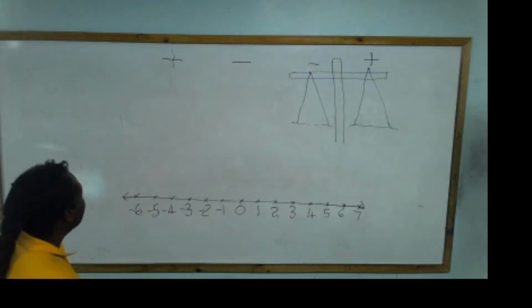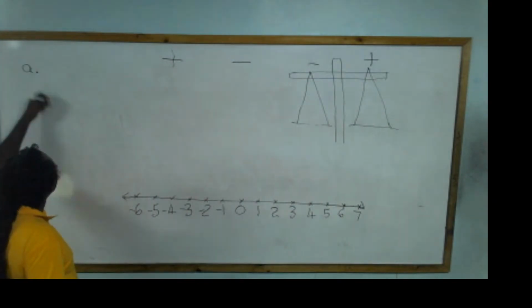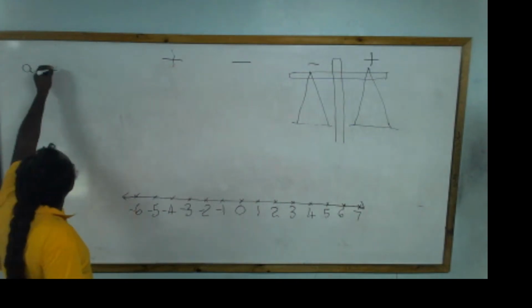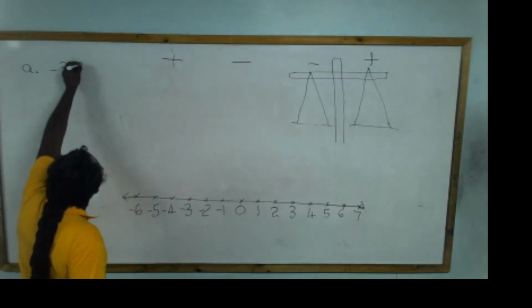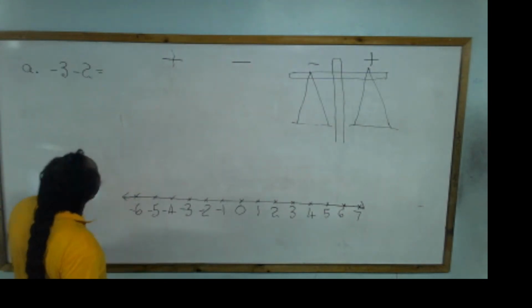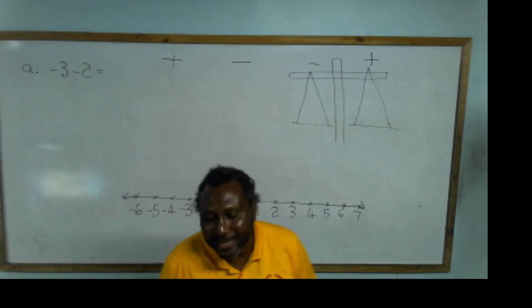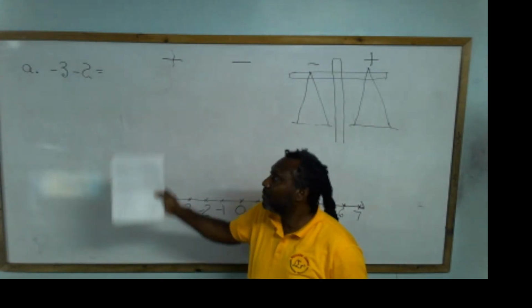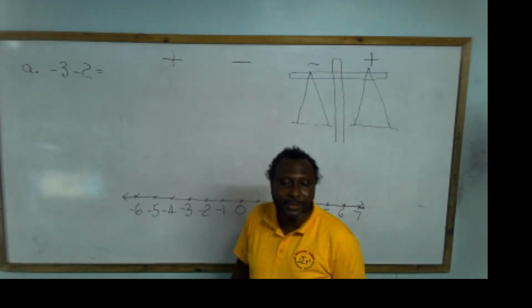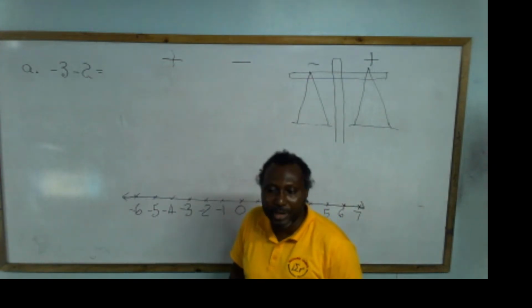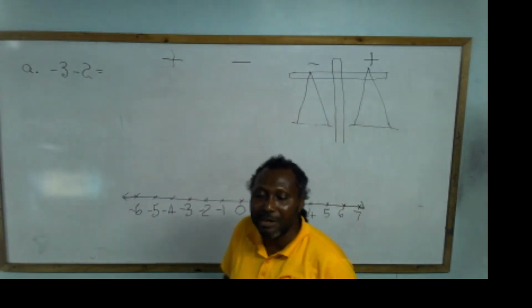So we have A, negative 3 minus 2. What is that equal to? The numbers have like signs. When they have like signs, we add. Students, the only time that we subtract is when the numbers are of different signs.